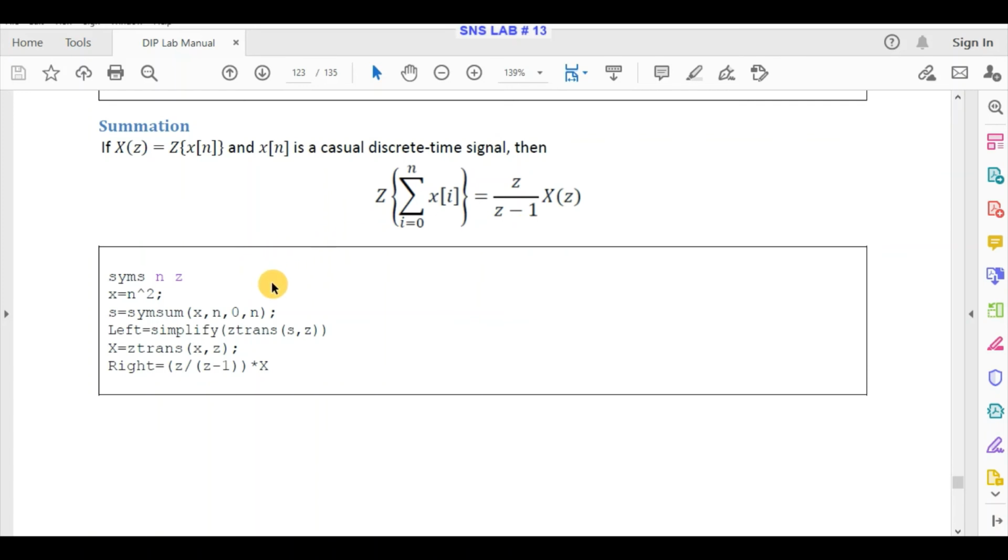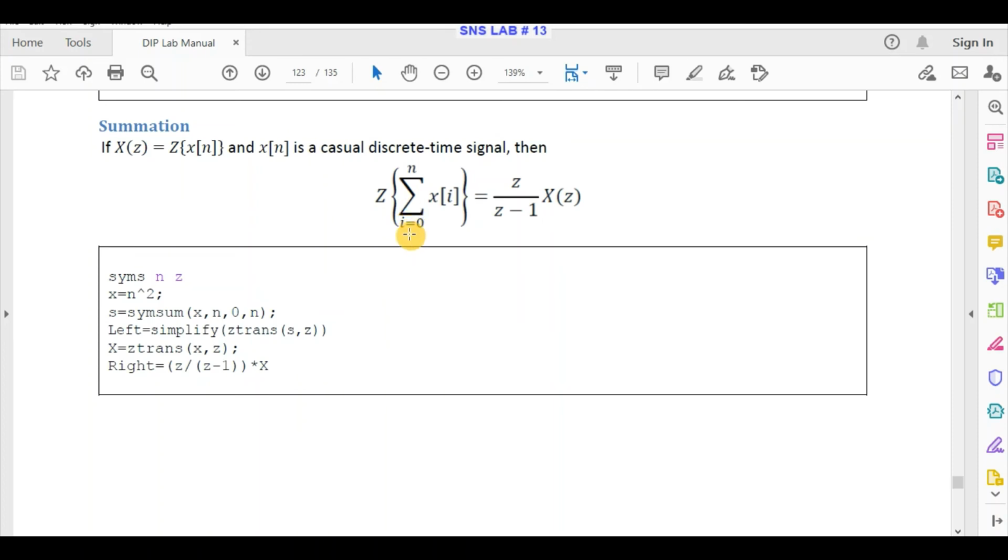Again, we have to write the code for this property. We are assuming that x is equal to n square. Then we will sum up x from 0 to n, as it is mentioned here.